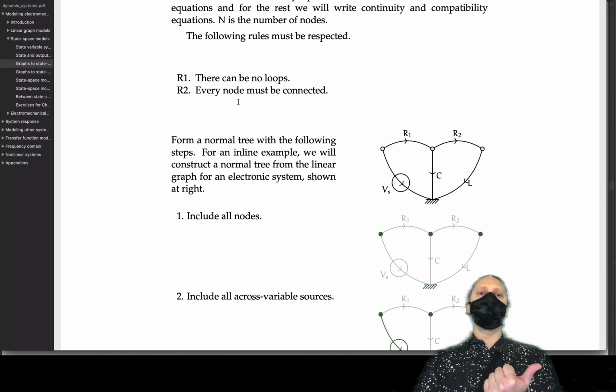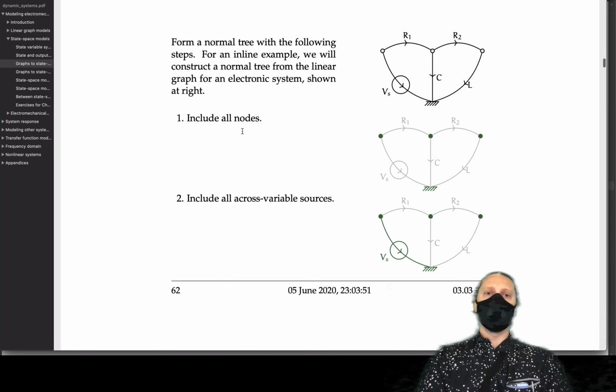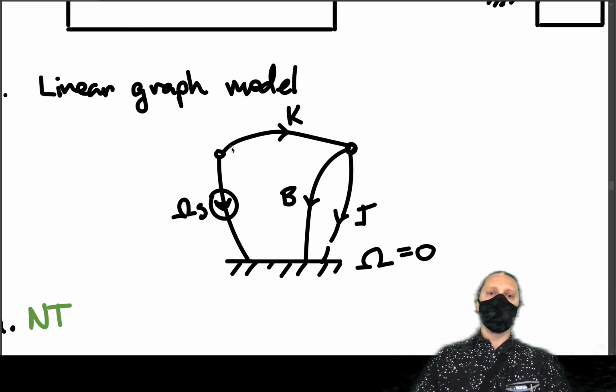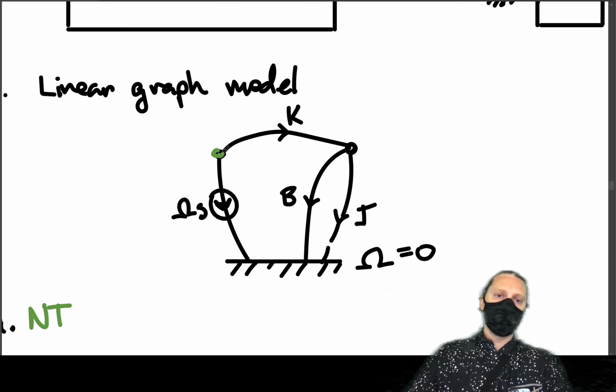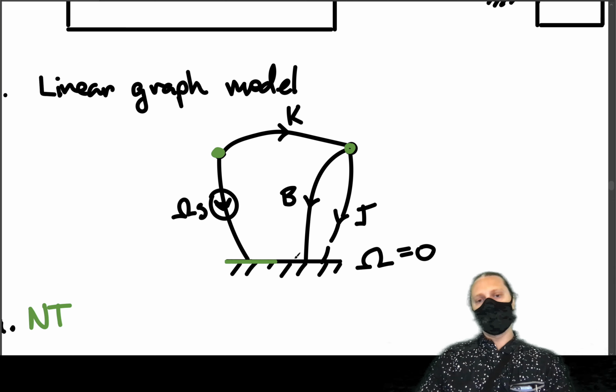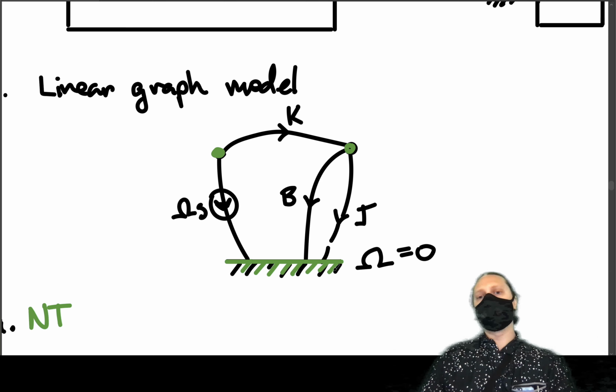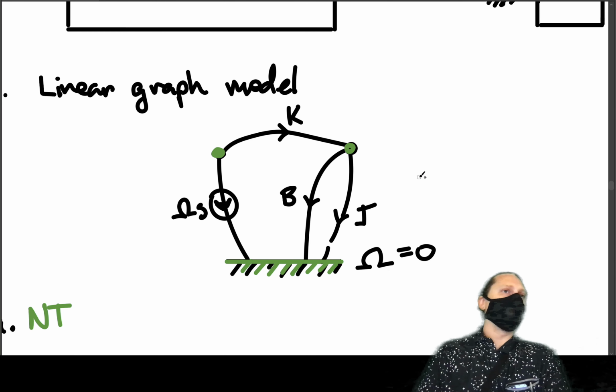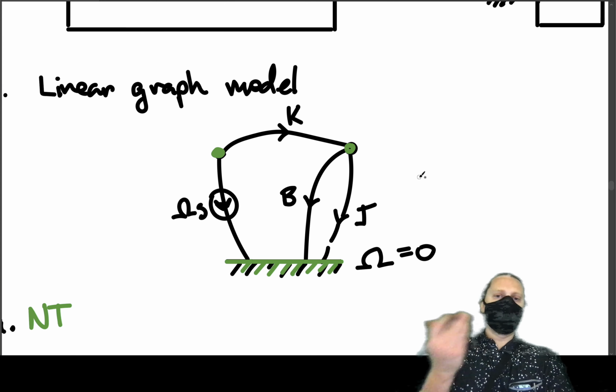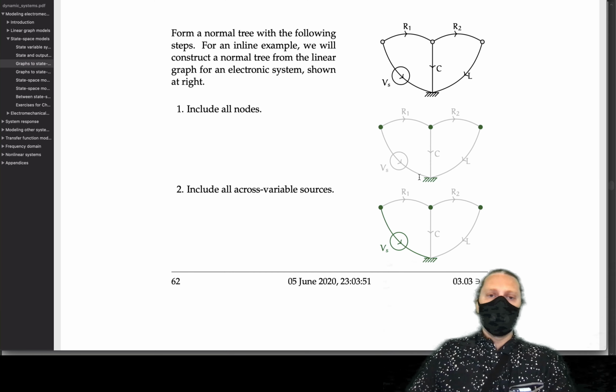We can't create any loops, and we have to have every node be connected. So the first thing to do is include all nodes. Here's a node, here's a node, and the ground is also a node. Sometimes we skip drawing in all the nodes because all the nodes are always in the normal tree, but it's good practice to remember.